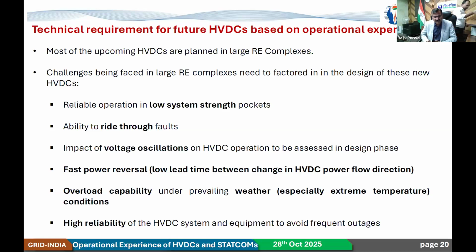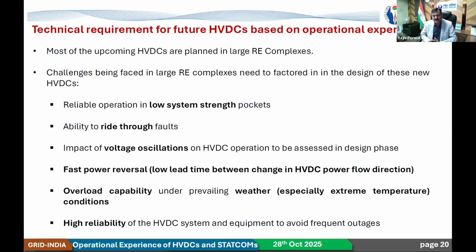Then fast power reversal. Earlier there were not many changes in the power order, but now we have to go in both directions quite frequently because of interconnection in the system. So there will be a requirement for fast reversal of power order. For back-to-back stations, this is quite fast; within minutes we can change from one direction to another. But for long distance HVDC, this has been a problem.